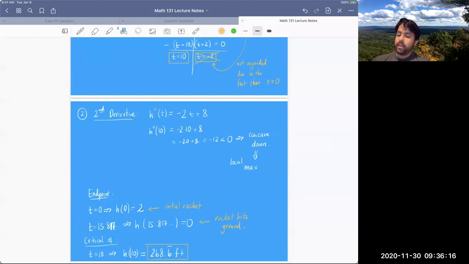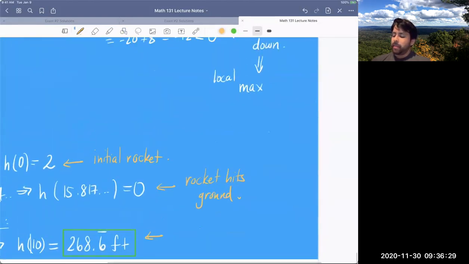And obviously this is the highest height. And so this would be my maximum height. This is the maximum height of the model rocket.